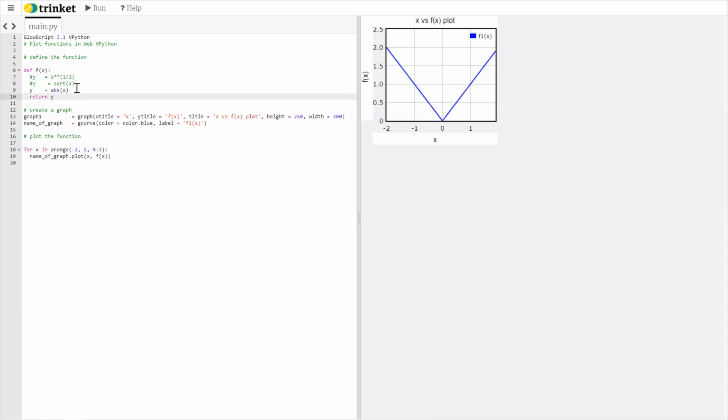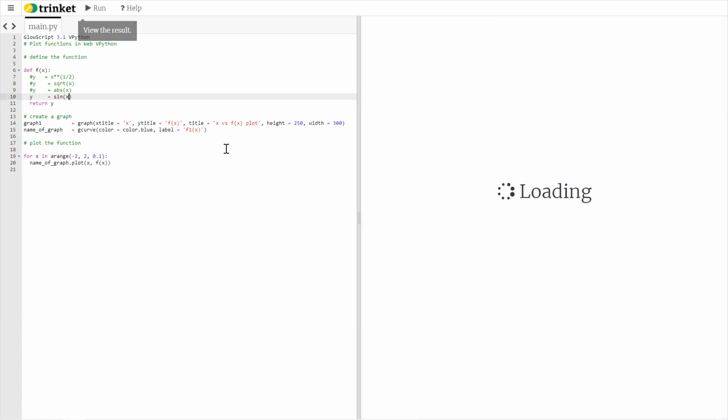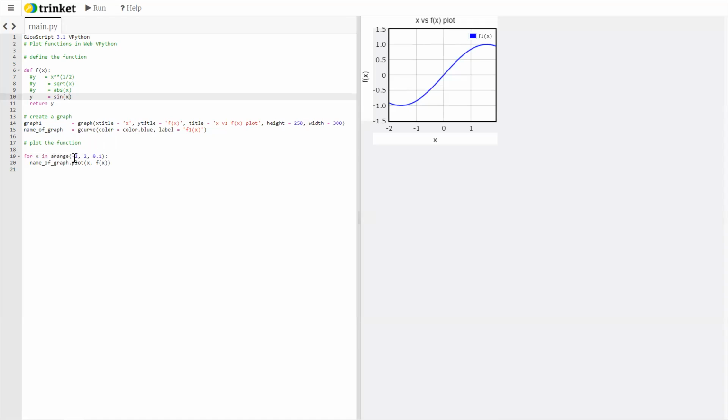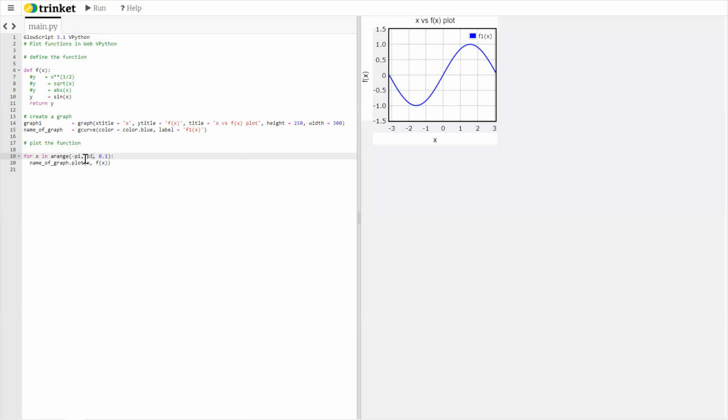What else? We can use, or you can plot sine function, sine x. So take note that VPython uses radians for the trigonometric functions. So if you change the range from negative pi to pi, you get this sine function.